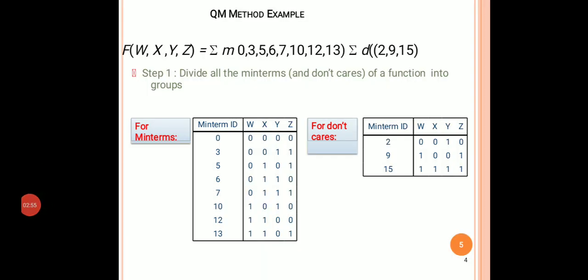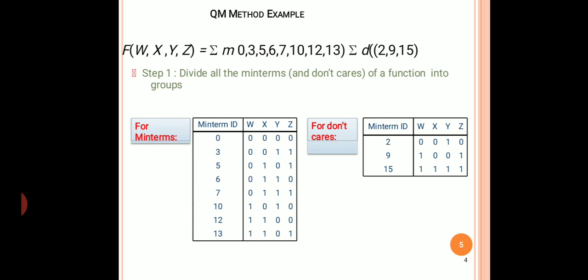Observe this expression. For example, we have to simplify this expression using the Quine-McCluskey method. If you observe, the maximum number represented here is 15, and that's why we require 4 variables to simplify this expression.